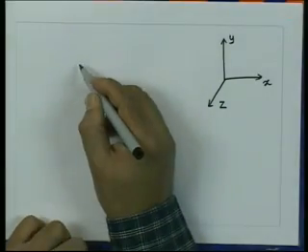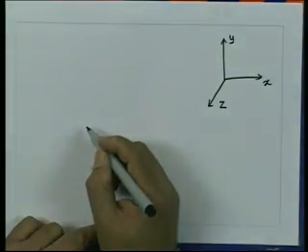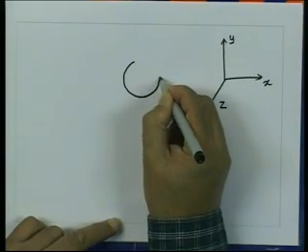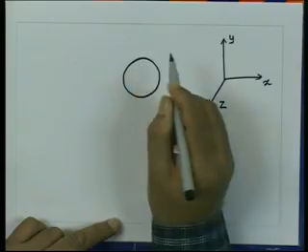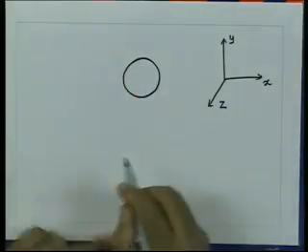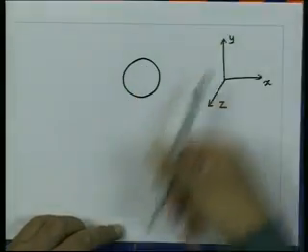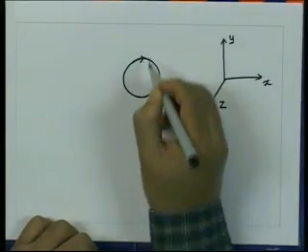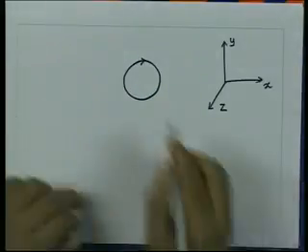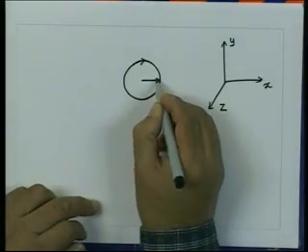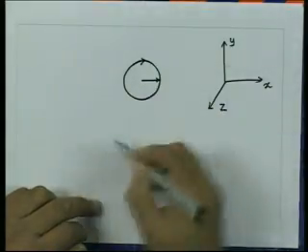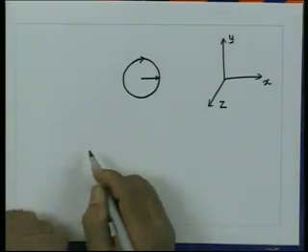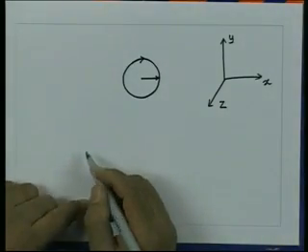So, a unit left handed polarized wave would represent a vector whose amplitude remains 1 and it rotates in the left handed sense. So, since the wave is coming out of the paper, this rotation will represent the left handed rotation. So, I have an electric field which is now rotating in the clockwise direction, which will represent a left handed polarized wave.